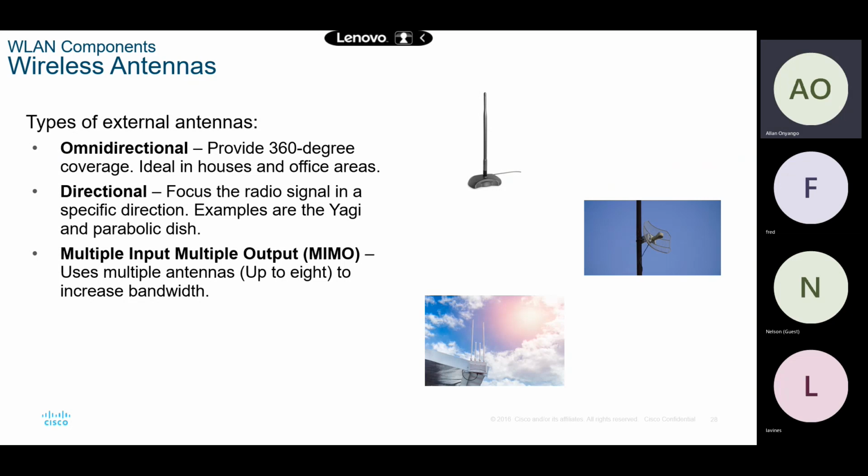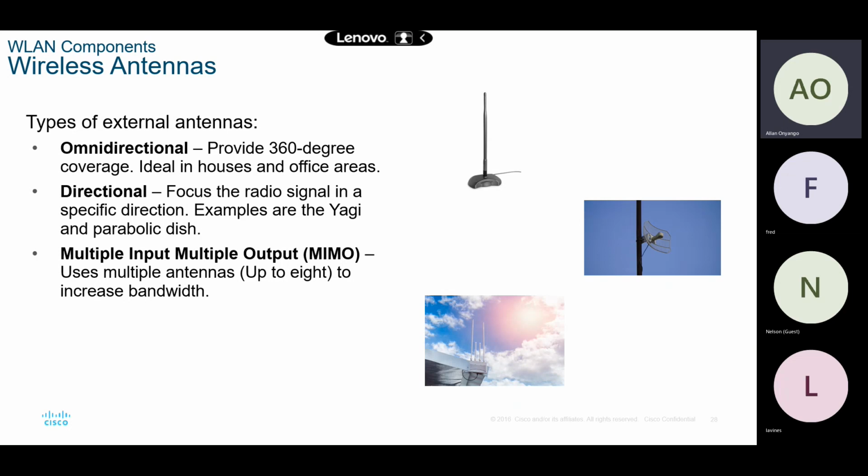Because they always have antennas, we do have three types of antennas. We have what is called the omnidirectional, like omnipresent, omniscient. Actually the word omni means not one, because one is directional. Omni means any direction.